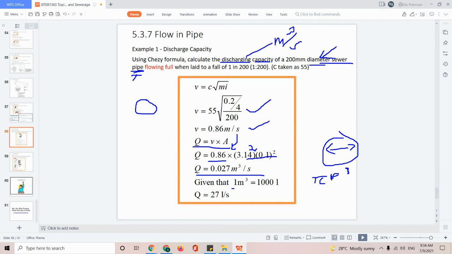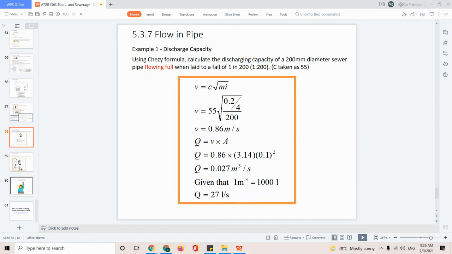We know that 1 meter cube is equal to 1,000 liter. So we will end up with 27 liter per second. Depending on what is mentioned in the question, if we leave it here, it will be good enough, unless the question is asking you to give it in this, then you have to convert.